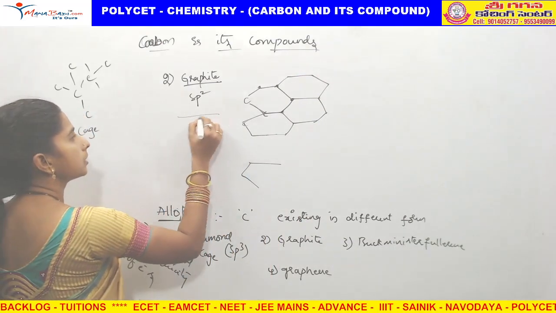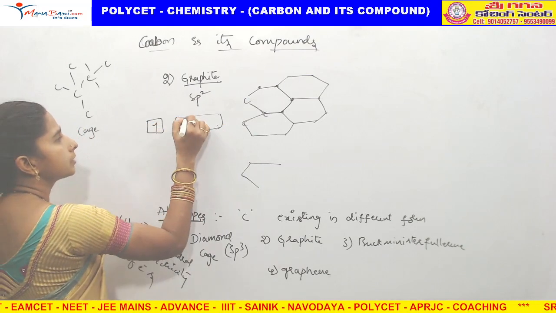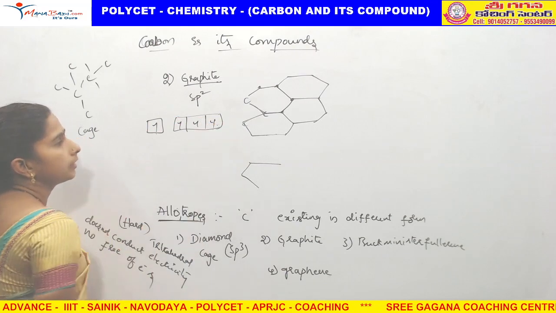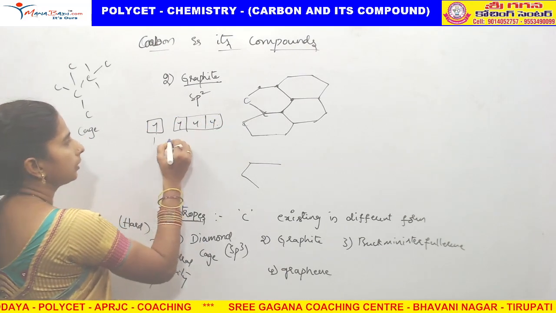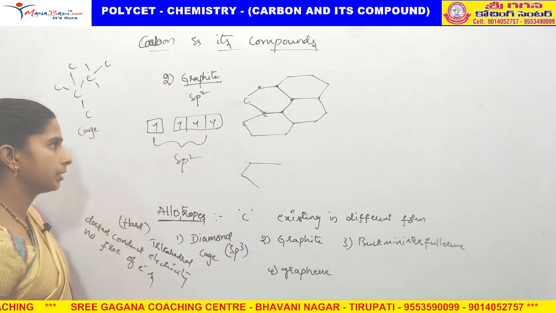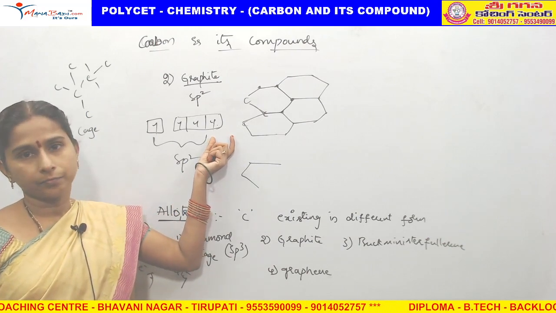Sp2 hybridization means, considering carbon's excited outermost configuration, one s orbital and two p orbitals are combined together. Here one free electron is left.